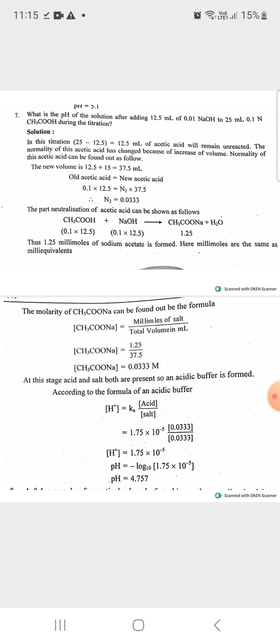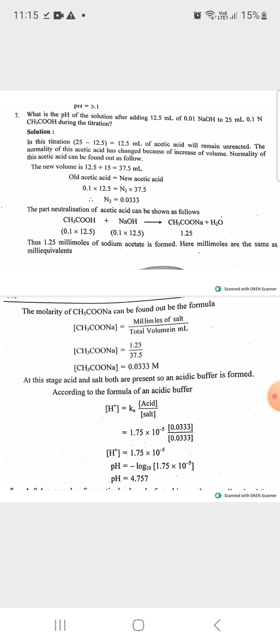At this stage, acid and salt both are present, so an acidic buffer is formed in the reaction. According to the formula for an acidic buffer, H plus is equal to Ka multiplied by acid upon salt. The Ka value is 1.75 multiplied by 10 raised to minus 5.